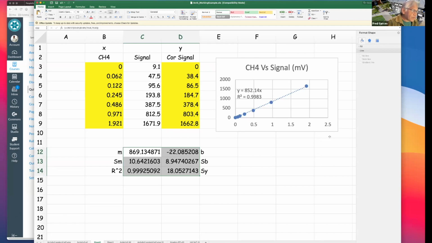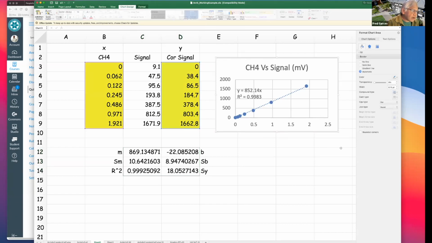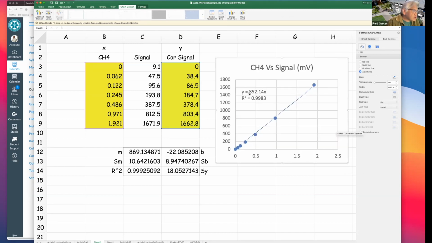Notice that from my original curve here, the correlation factor, just doing a linear regression, was 0.9983. Well, here it's much more accurate. It's 0.99925. This is a better way of getting it. Notice that my intercept is 852. Here it's 869.13.